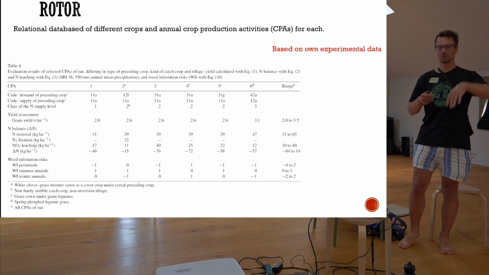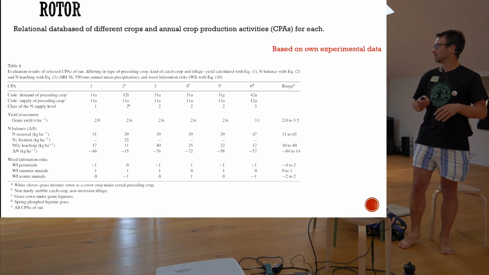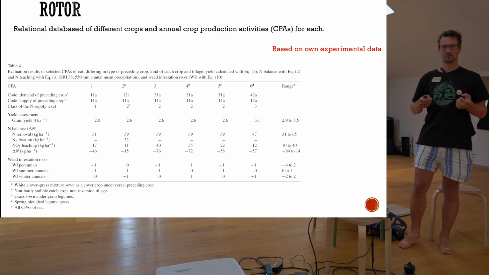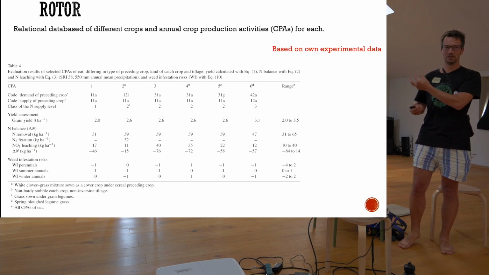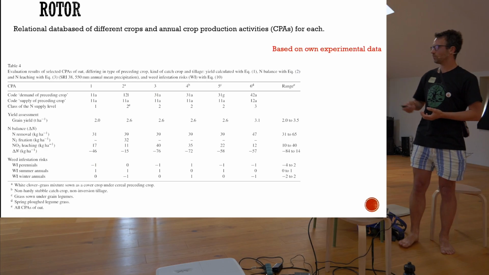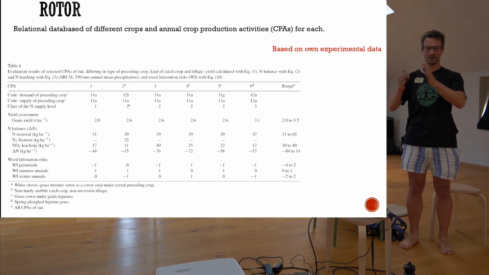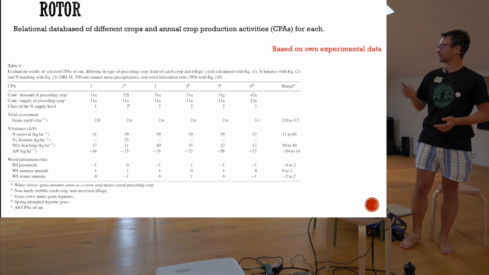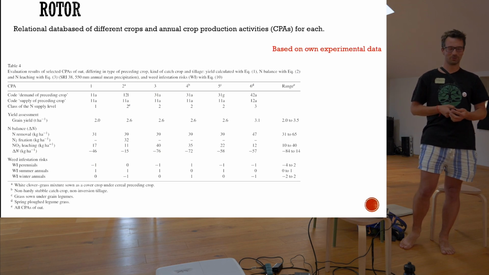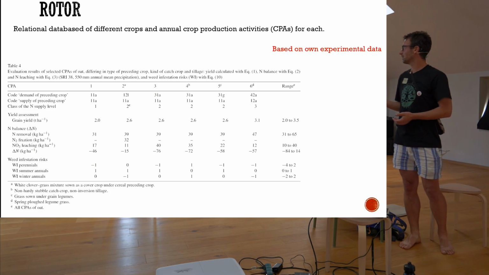Do you add straw? Do you add compost? And they analyze the parameters of soil quality, soil nutrient content, and weed situation at the beginning and at the end of each crop production activity. So by knowing all this range of parameters, you can combine these activities and create your own rotation schemes. But of course, for that you need to perform a lot of experiments.